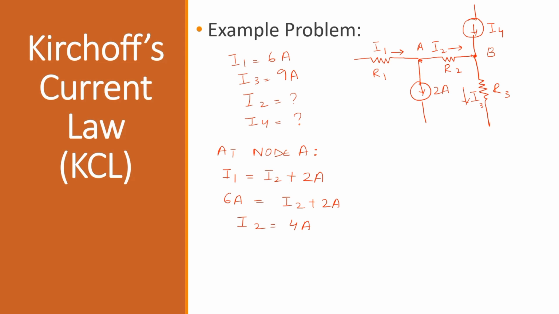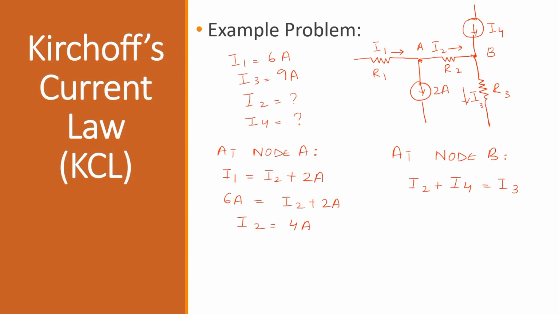Now we will look at node B. At node B, how many currents are coming at node B? Two currents are coming. One is I2 and the other is I4, and one current is leaving, which is I3.